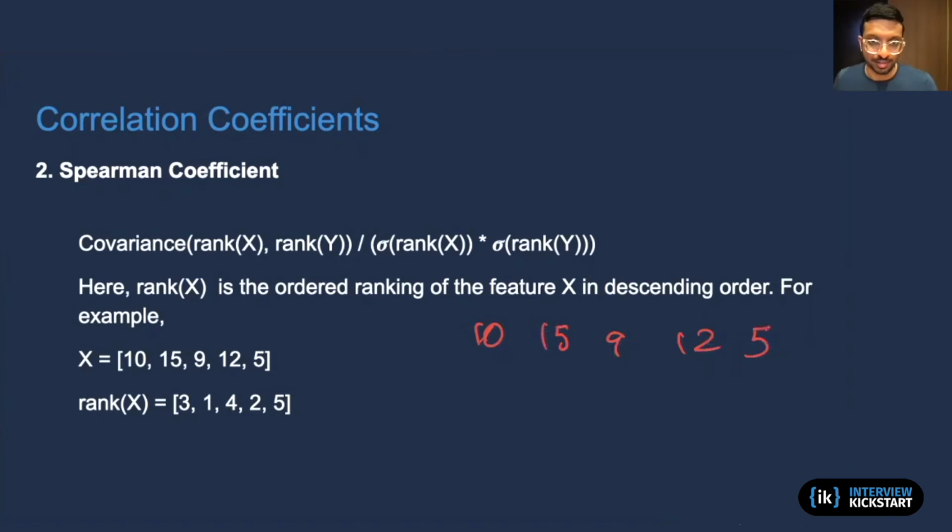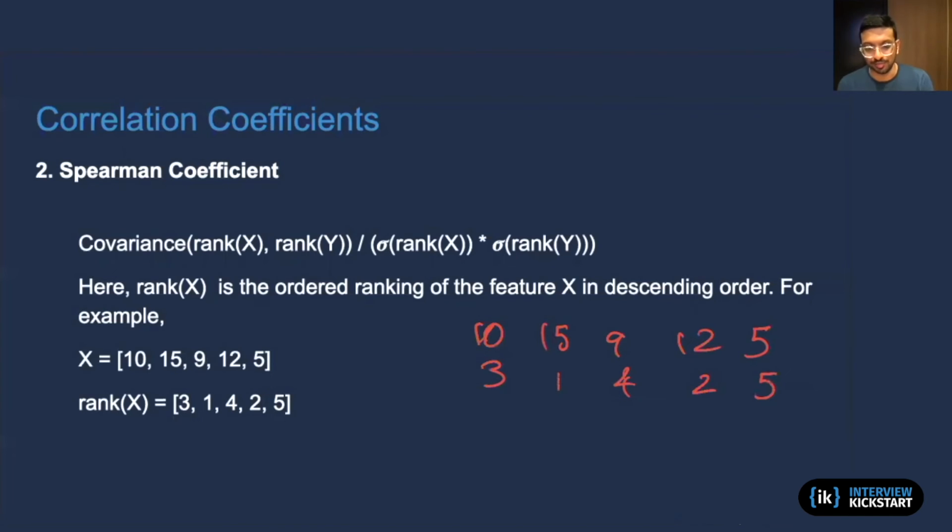And in order to find the rank, what we're going to have to do is basically rank them in descending order, which is simple enough. And when we do that, we find that 15 gets rank 1, 12 gets rank 2, 10 gets rank 3, 9 gets rank 4, and 5 gets rank 5. So that is a quantity that we're going to use when we calculate the Spearman coefficient.